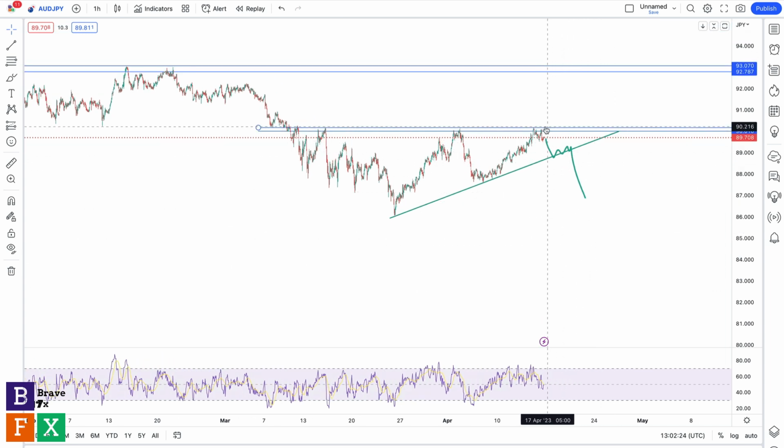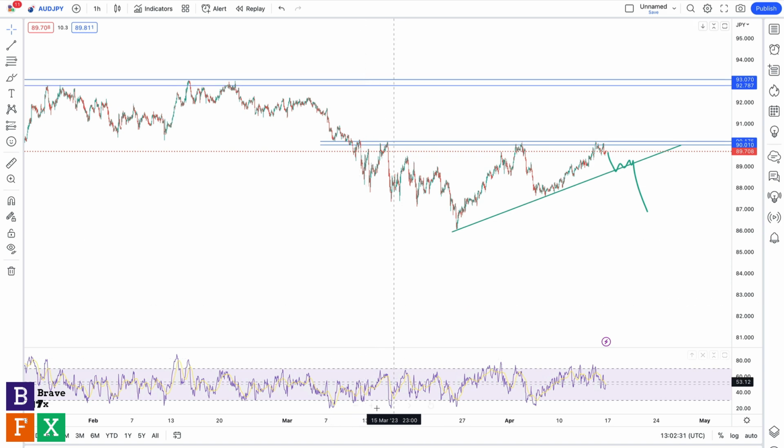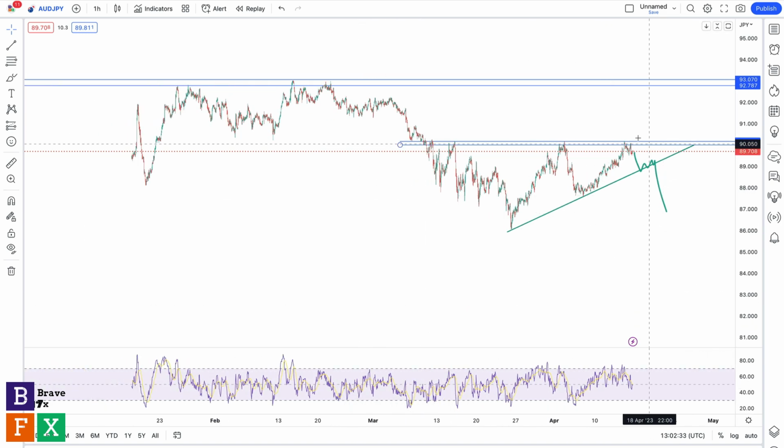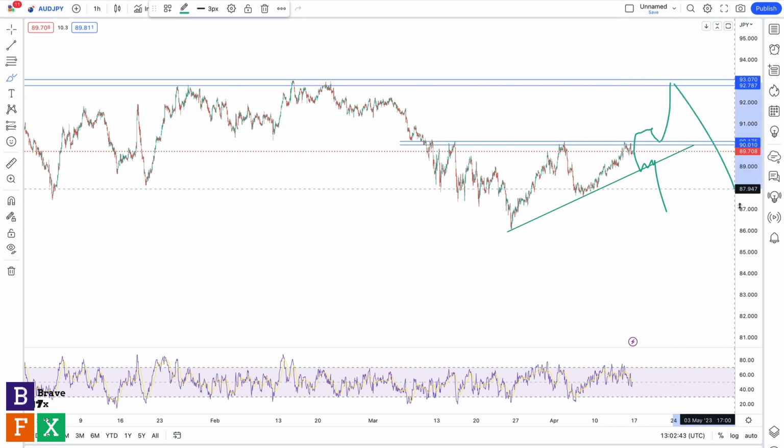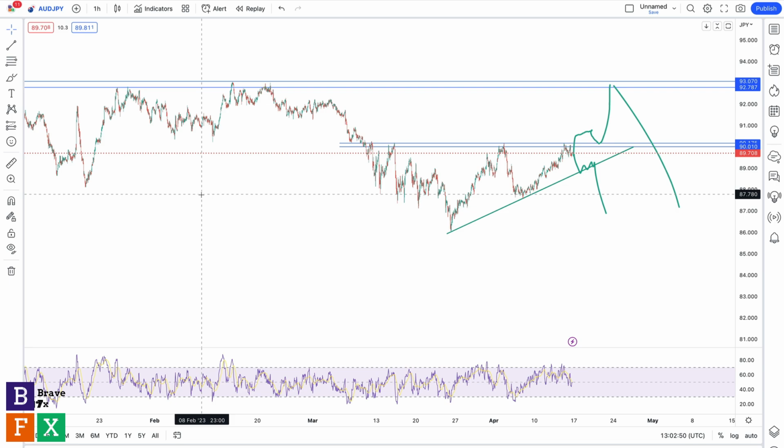Even if we take out this resistance level, I don't think I'll be going long on AUD-JPY, but if you're a risk taker, you should only go long at a very, very, very low risk. So that will be waiting for price to take out this resistance level, consolidating a little or retesting, then aim for this other resistance level where I think we might see our bearish price rejection, because this is clearly a new trend forming, right? So that's it briefly for AUD-JPY.